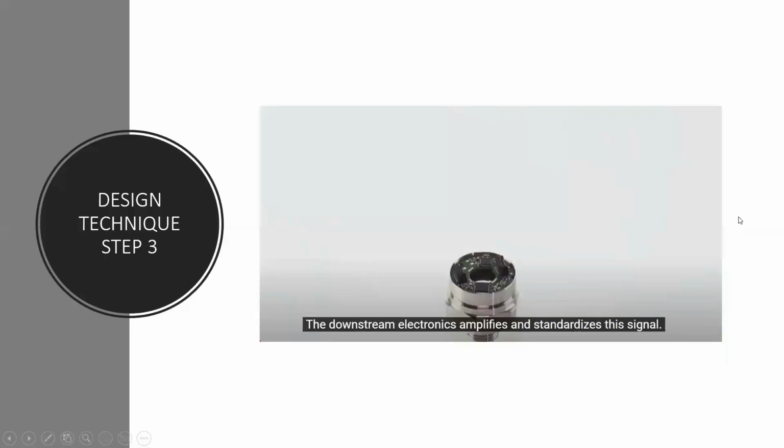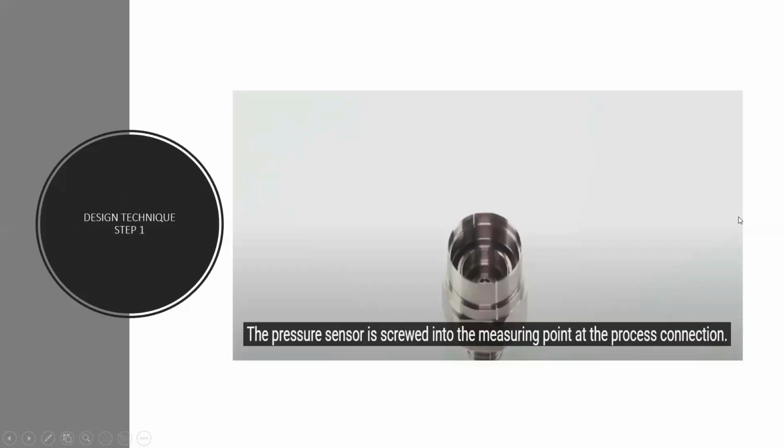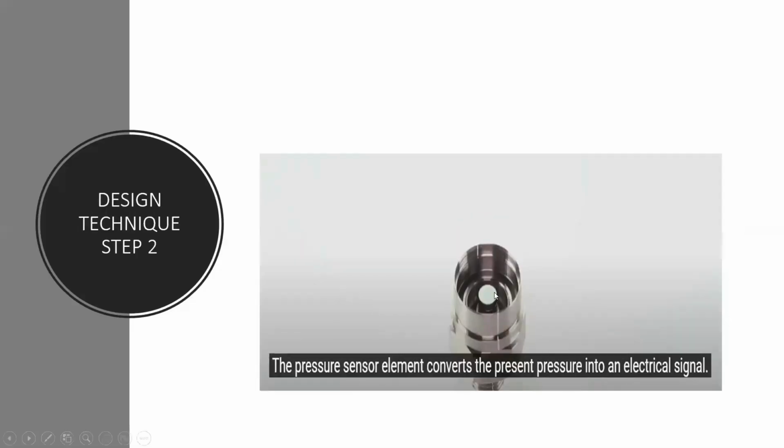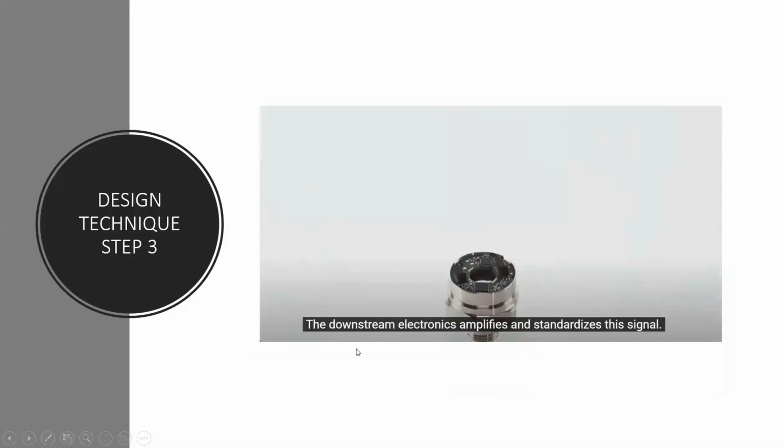If you go to the next one, here we have the pressure sensor element, which converts the present pressure into an electric signal. It is directly in here, the element itself. The next slide shows an electronic circuit.